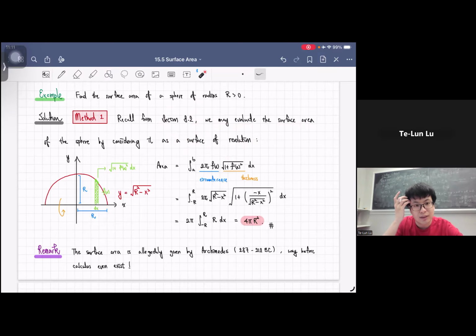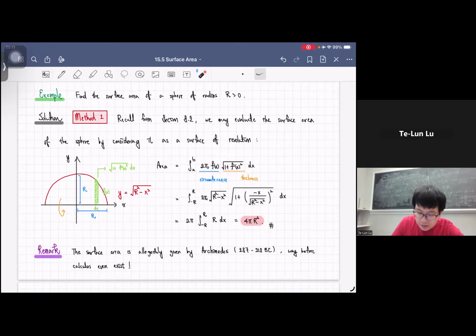And we know that by using a single variable formula, whenever you're rotating a graph of a single variable function across some axis, and you want to compute the surface area of that rotated surface, then the formula would be the integral of 2 pi f of x times the square root of 1 plus f prime squared, integrating over the region you're interested in.